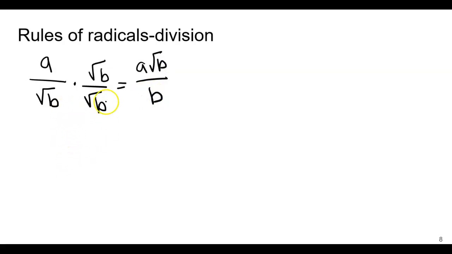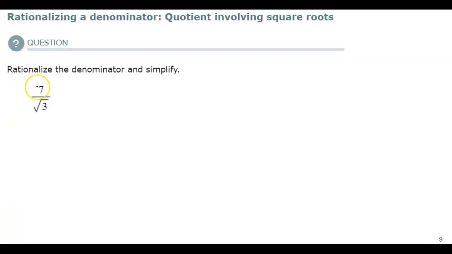So that's one of our rules. And then this is another of our rules we'll use. So we're going to keep that in mind. I cannot have a square root in the denominator. So I'm going to multiply by a fancy 1, because I know square root of 3 times square root of 3.